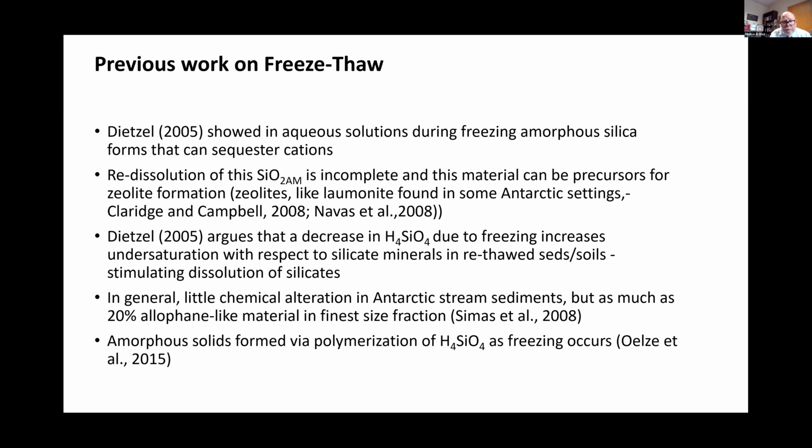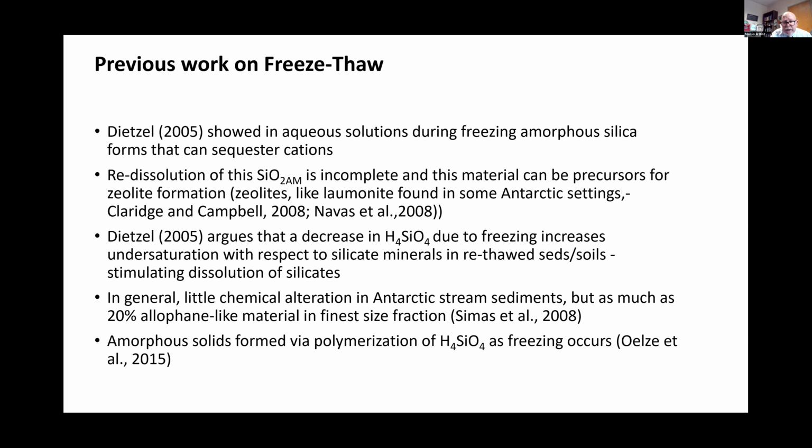And surprisingly, there hasn't been a lot of work done, but what the work has shown is that people, either through experiments or by observational information, have suggested that the formation of zeolites and/or amorphous silica, with maybe some aluminum mixed in, are produced by the freezing of these waters in the hyporheic zone.